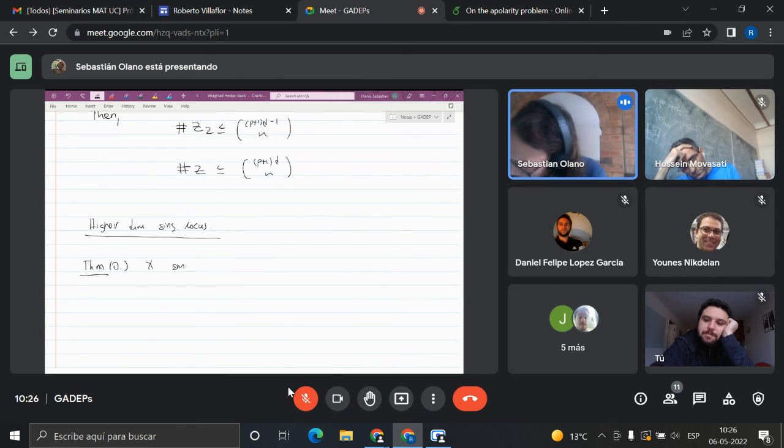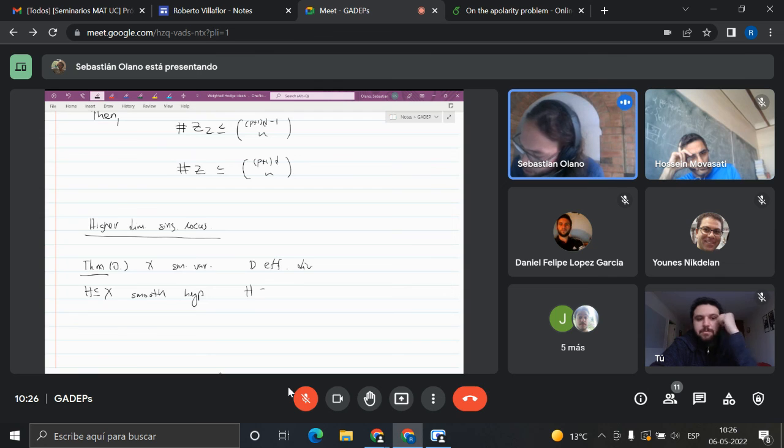X is a smooth variety, D the effective divisor as always. And now suppose that H is a smooth hypersurface with the following conditions. First, that H is not contained in the support of D. And second, that D_H, which is the restriction of D to H, is reduced.